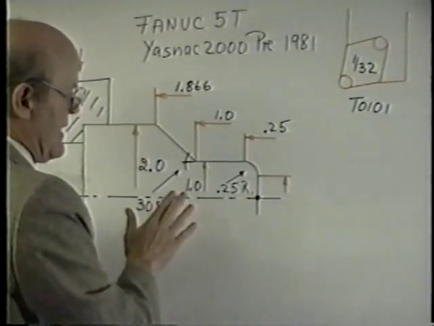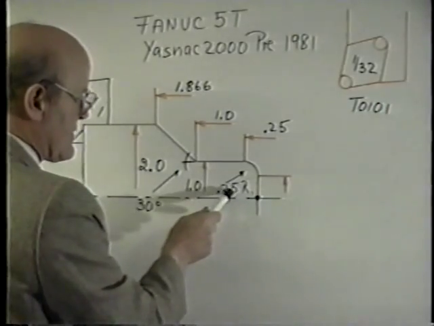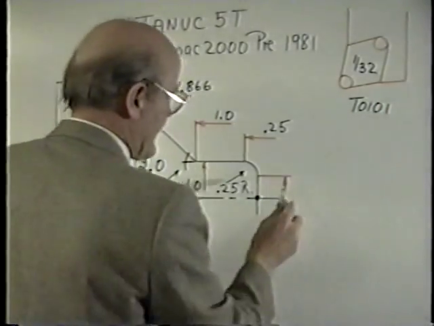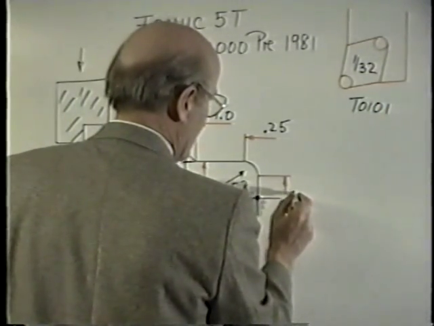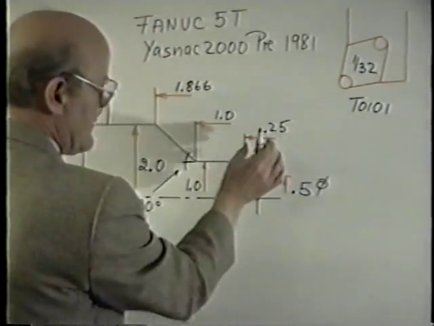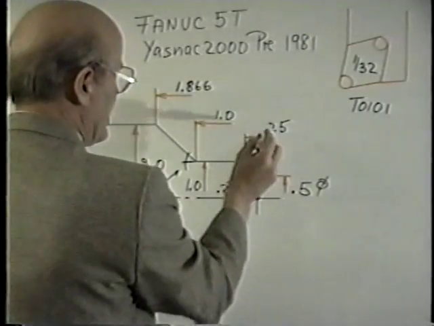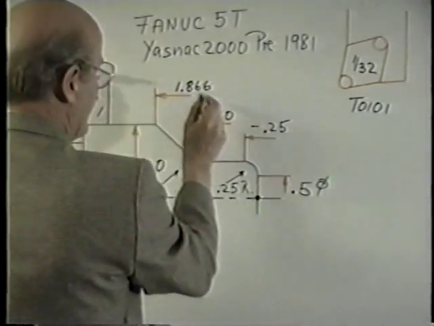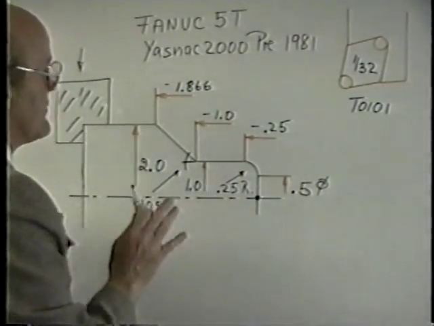This is always diameter programming. So if we take this radius off this number, this dimension becomes 0.5 as a diameter. This dimension is 1/4 inch over. This would be a minus dimension. So is this, so is this. Now, those are the right part dimensions.